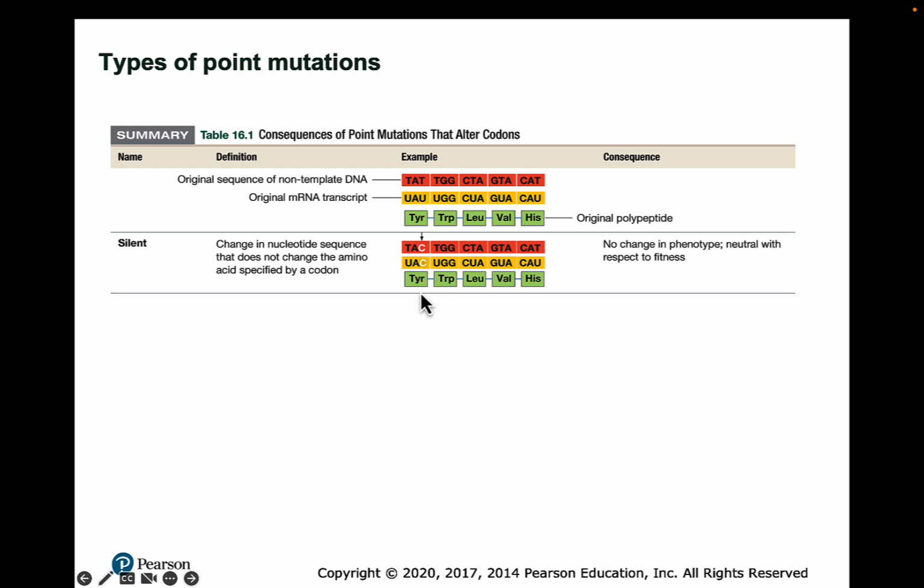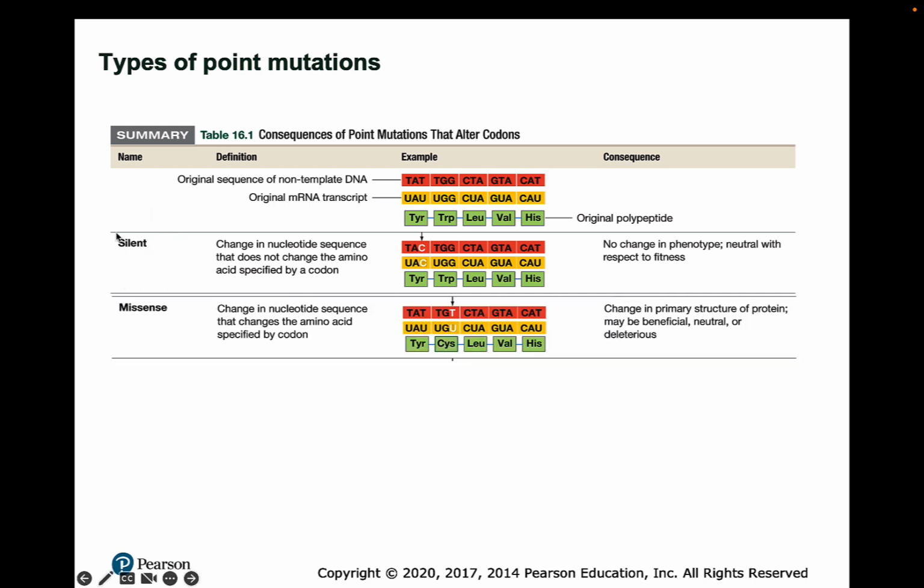This codon is still going to give us tyrosine. So even though the DNA sequence has changed, the codon didn't change the amino acid that was made. This amino acid would still be tyrosine. And so there's no change in the phenotype, and it's always neutral with respect to fitness. So that would be a silent mutation.